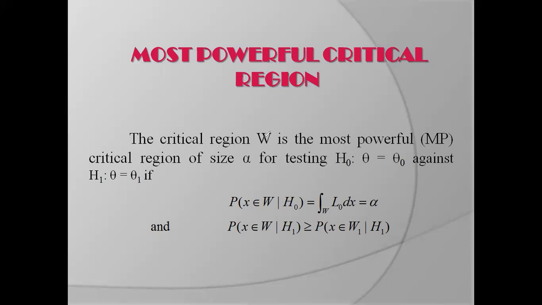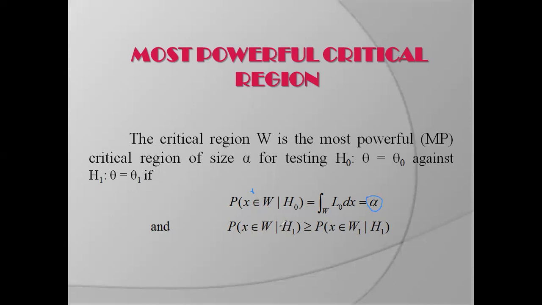The critical region W is the most powerful critical region of size alpha for testing H0 against H1 if the probability of x belonging to W under H0, that means the probability of rejection, which we define as the integral over W of L0 dx, the likelihood function under H0, equals alpha.